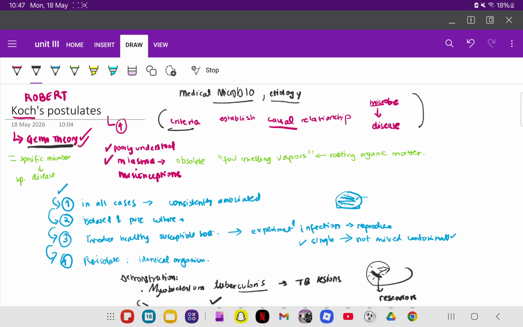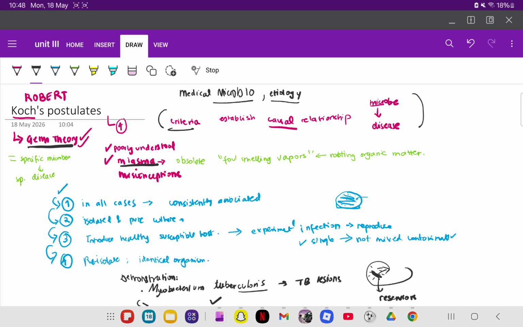So it might be fair to assume that something is coming from the rotting matter, right? And that was the miasma theory. The miasma theory of disease, now an obsolete hypothesis, believed that foul smelling vapors, or foul smelling air, from rotting organic matter causes diseases, right? And there were many other misconceptions, and we didn't really properly understand disease.